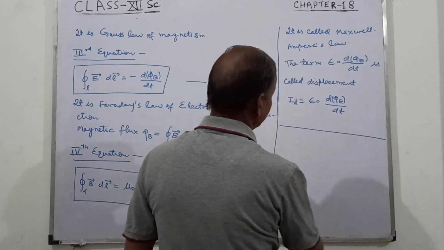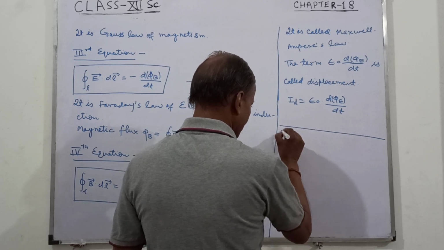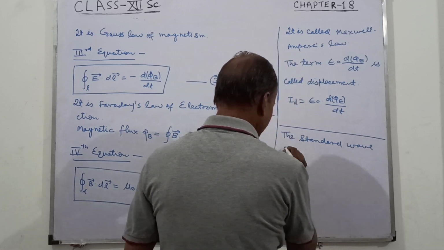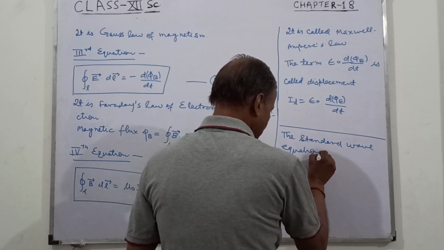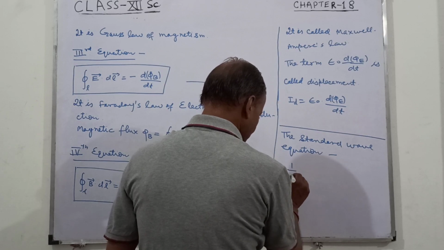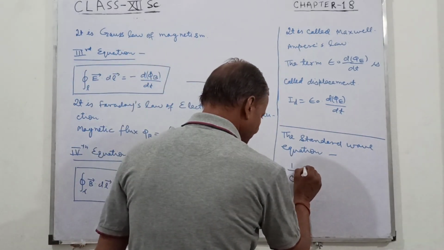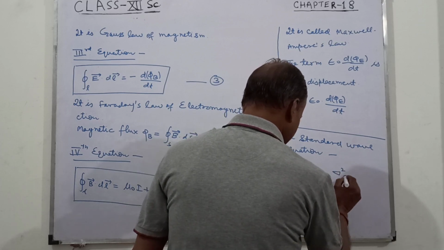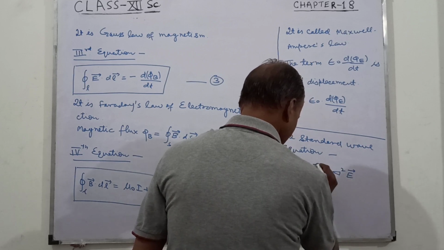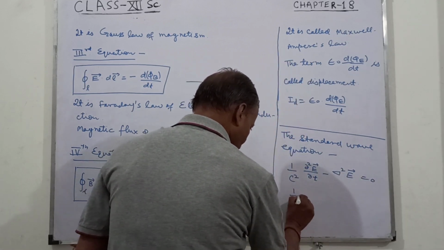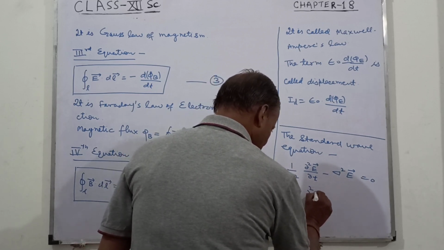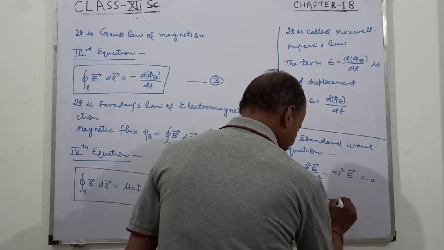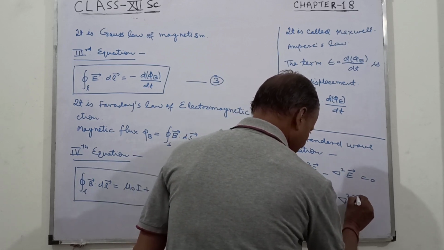Now I am telling you the standard wave equation: 1 upon c square del 2E upon del t square minus del square E equal to 0, or 1 upon c square del 2B upon del t square minus del square B equal to 0.